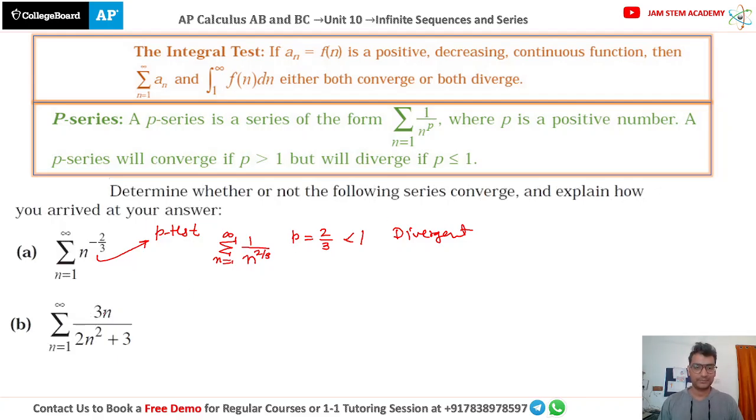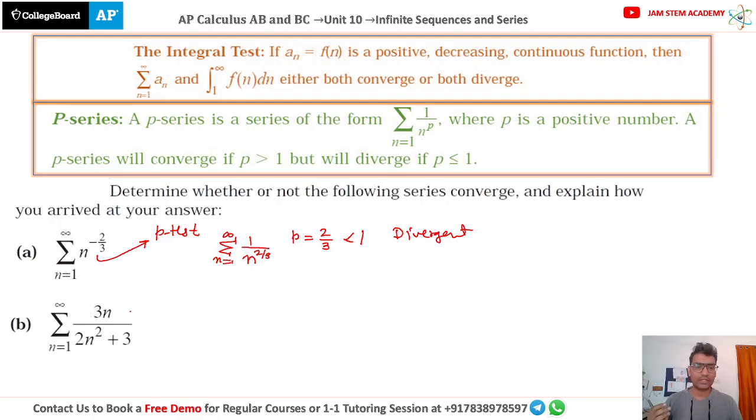Now, we have the sum of n equals 1 to infinity of 3n over 2n squared plus 3. This time, this is our nth term of the sequence. Check whether it is convergent or divergent. So it's better to use the integral test for this question, right?